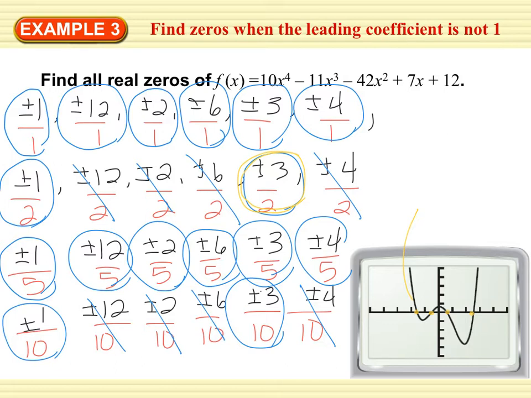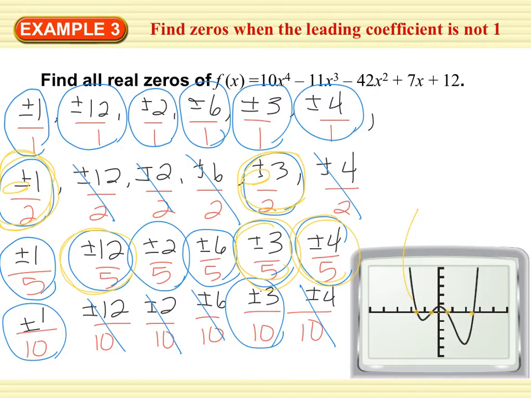This next one is somewhere between 0 and -1, like -1/2 might work. Okay, on the other side, we are somewhere in between 0 and 1, could be 3/5, 4/5. And then between 1 and 2, something bigger.